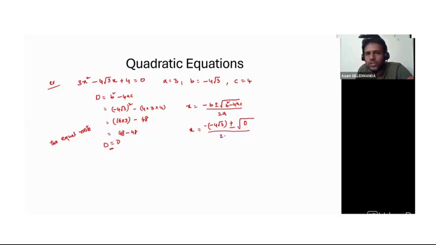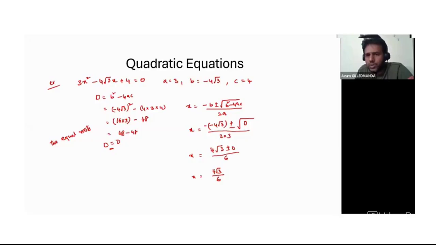And 2 into what is a? 3. All right. So that means x becomes minus of minus is plus. So plus 4 root 3 plus or minus 0 means the same value by 6. So that means, can I write x as 4 root 3 by 6?